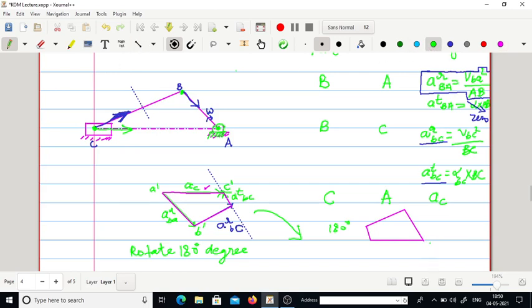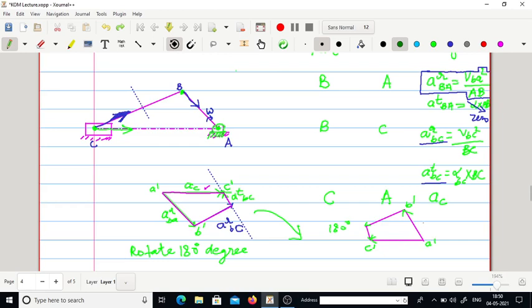So this is the point A dash, this is the point C dash, this is the point B dash. Okay, this is the point B dash. So this represents the radial, let me take some other color.